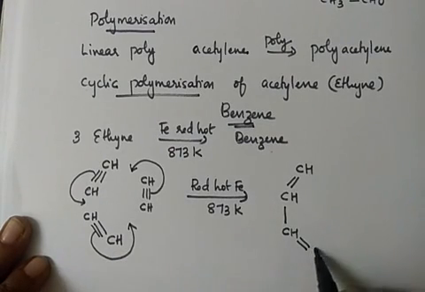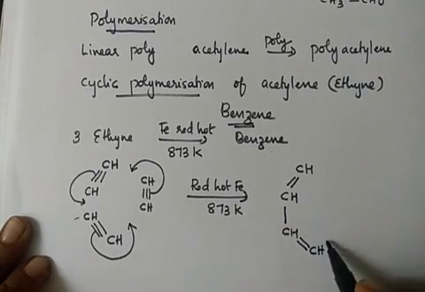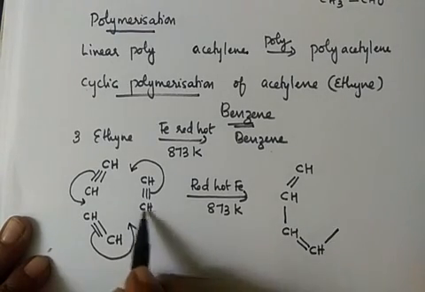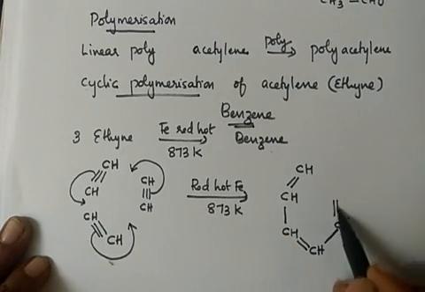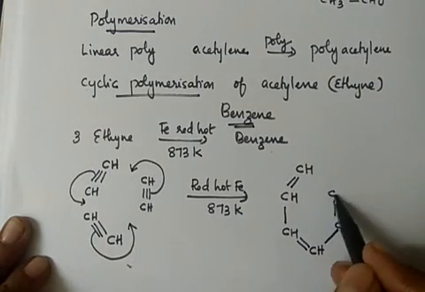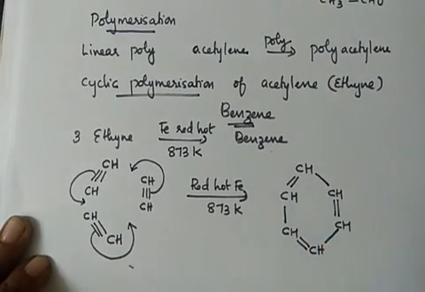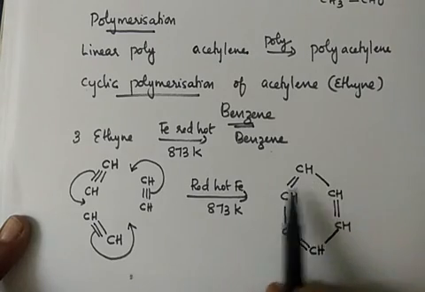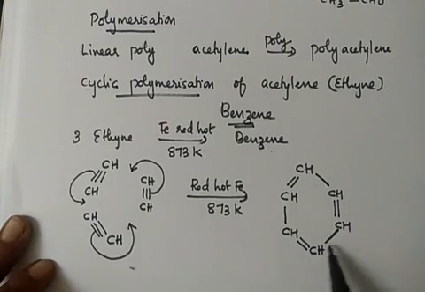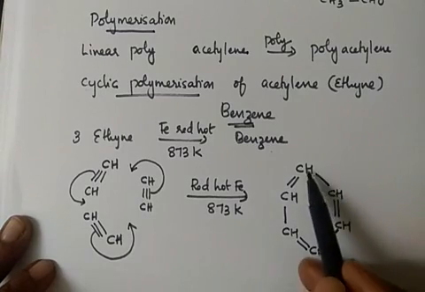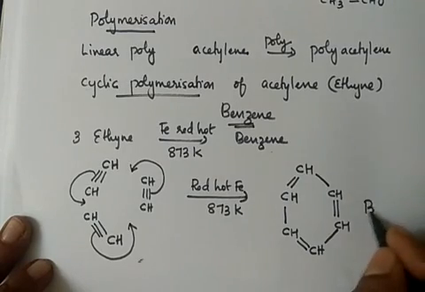Again the CH. Then this bond is shifted here, so it forms a single bond. This CH will be a double bond. Then this CH, again the bond is shifted here, single bond. CH double bond CH single bond CH double bond CH single bond CH double bond CH single bond CH. So this is the compound benzene.